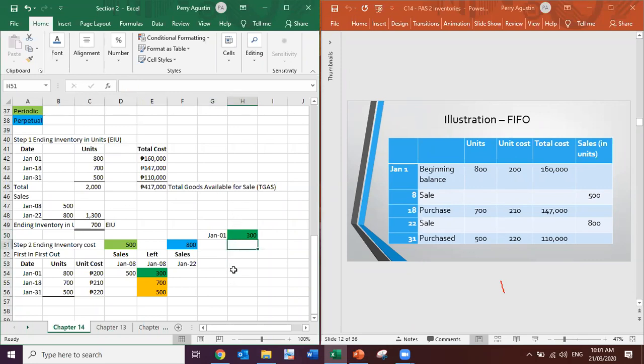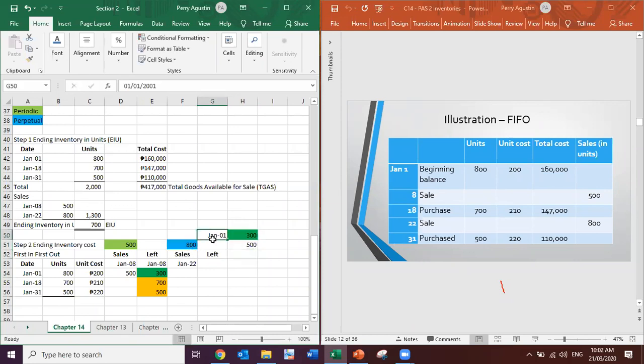All right. So ibig sabihin, let us compute that one. Sir, we only have 300. You told us we sold 800. So ilan na lang yung kulang? So we have 500 left. So how do we get the 500? 800 minus 300.